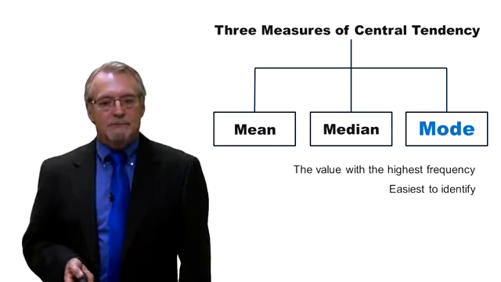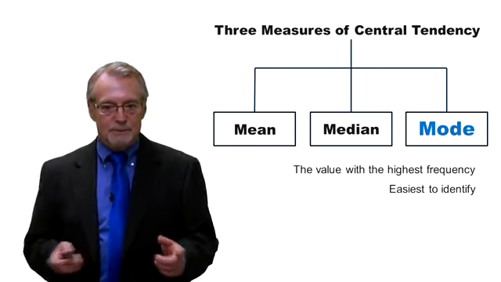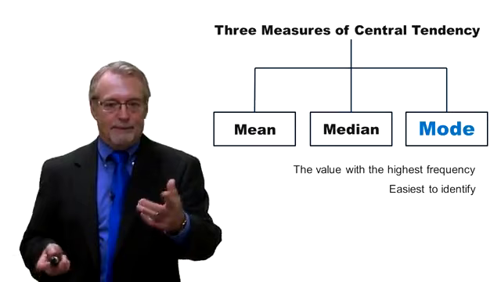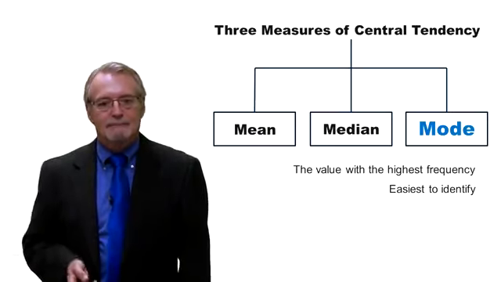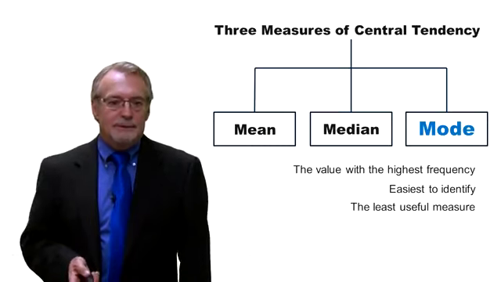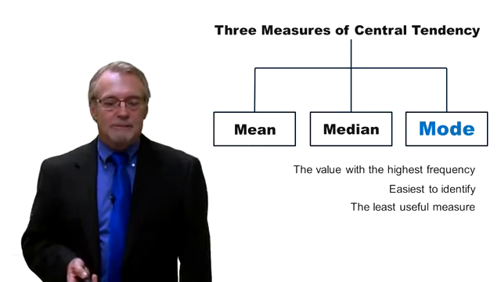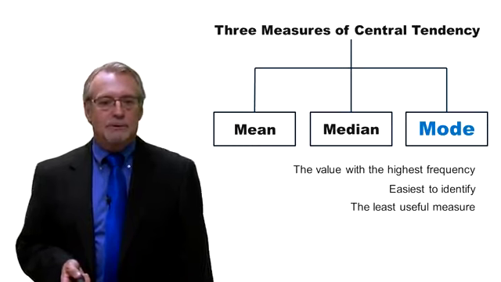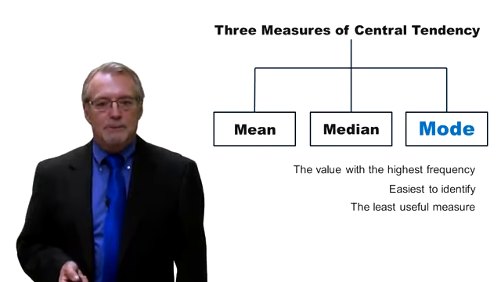It's the easiest to identify because we just look at all the values and say, oh, that one comes up the most number of times. And a lot of times it's the least useful way to do things. The mean or the median are usually much more useful measures of central tendency than the mode, although the mode is there for you for sometimes when you may be able to use that.